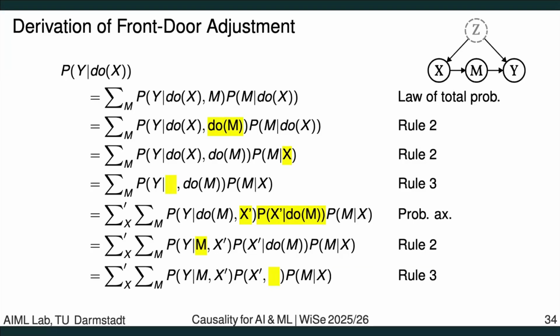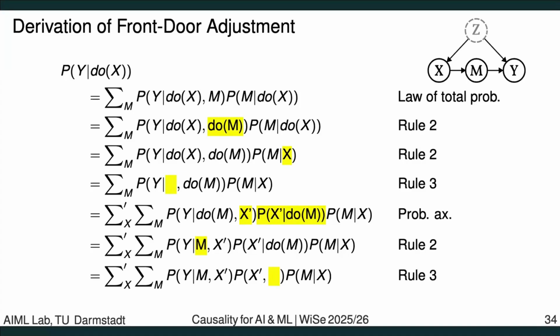Of course, all the rules of probability apply. So here in this first step, what we really do is that we factorize or decompose this joint distribution according to the causal graph, right? So we say, okay, we want to have y conditioned on x and m.